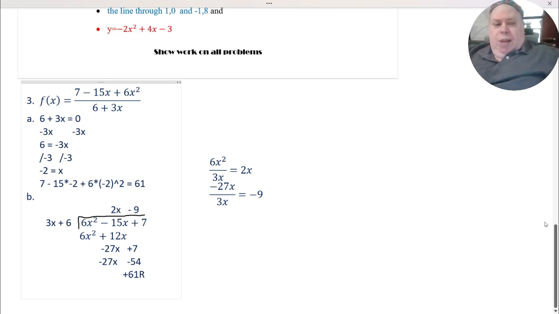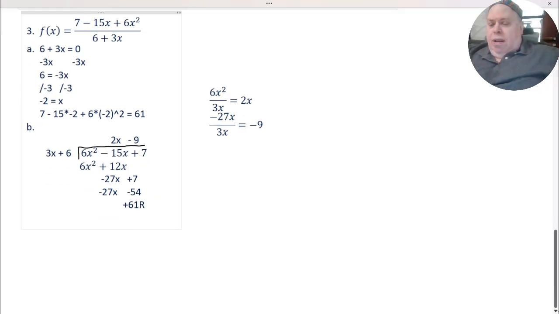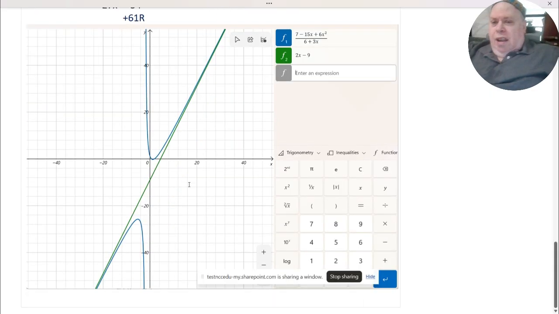And then we plug it into our graphing calculator to check our work. We want to check that the vertical asymptote is at minus 2, and the slant asymptote is 2x minus 9. We put it into the graphing calculator, and we get this graph.